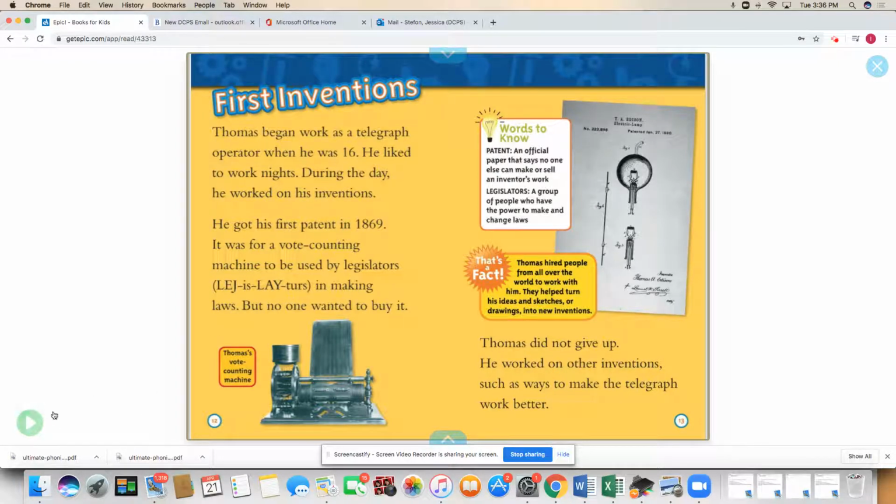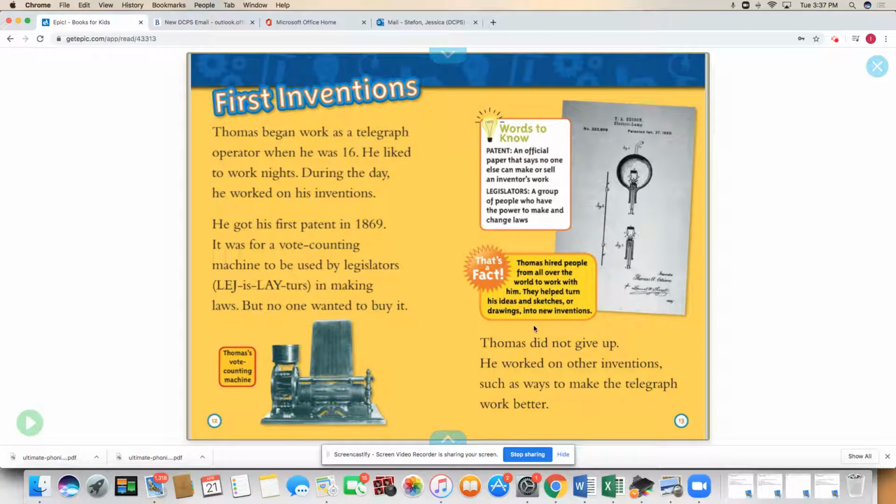I'll finish reading so it doesn't start over again. He got his first patent in 1869. It was for a vote counting machine to be used by legislators in making laws, but no one wanted to buy it. But Thomas did not give up. He worked on other inventions, such as ways to make the telegraph work better. And then here's a fact to know.